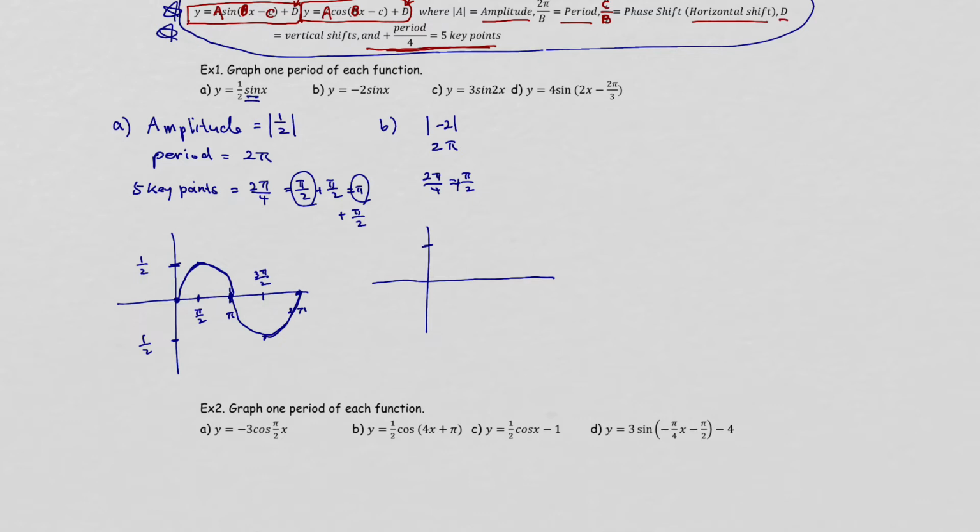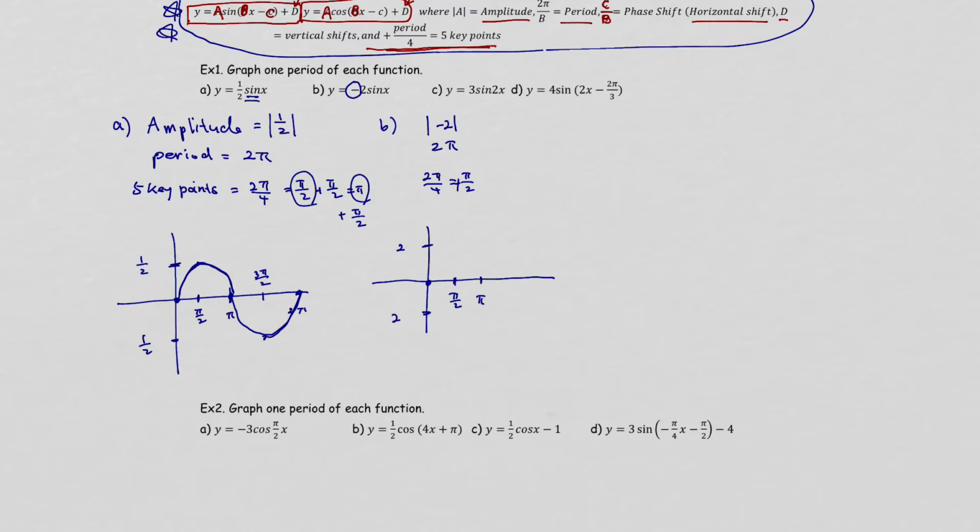So the height, amplitude will be 2, going up 2, going down 2. Your sine starts from 0. Don't forget this negative. So you don't go up first, you're going to go down. And your 5 points, so the next point should be pi over 2. And if you add pi over 2 to pi over 2, it will be 2 pi over 2, which is pi.